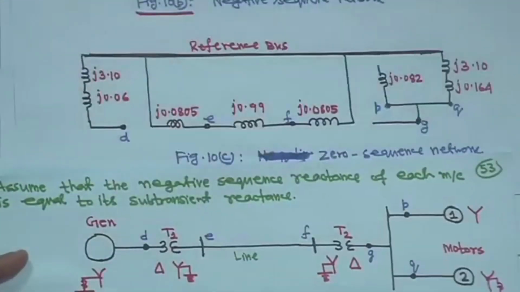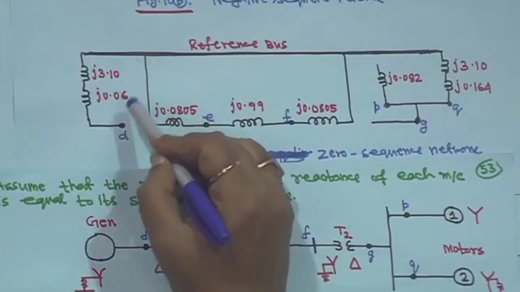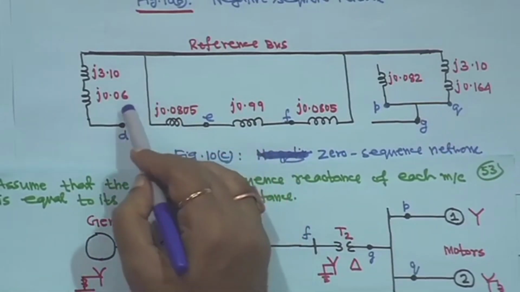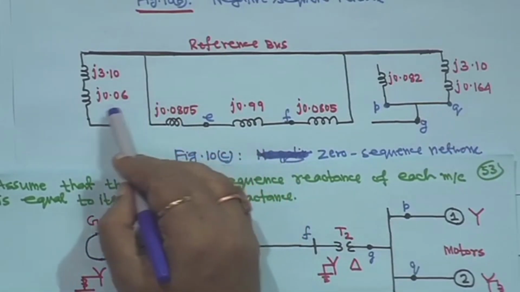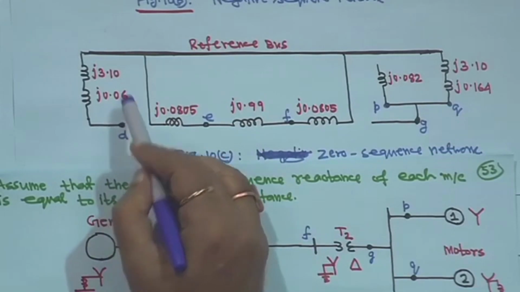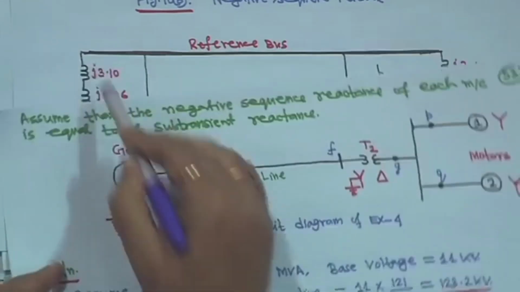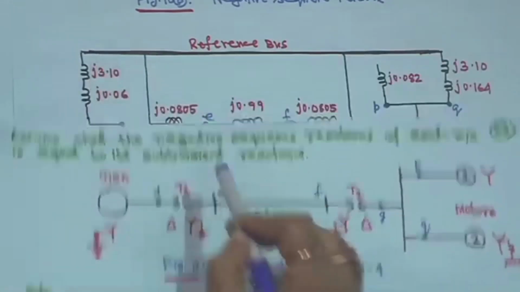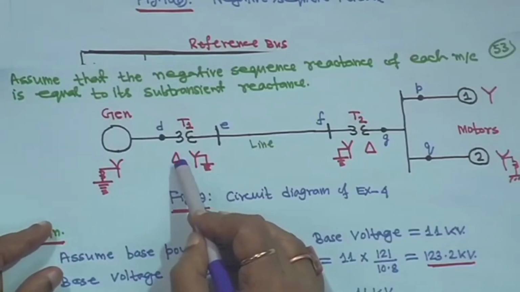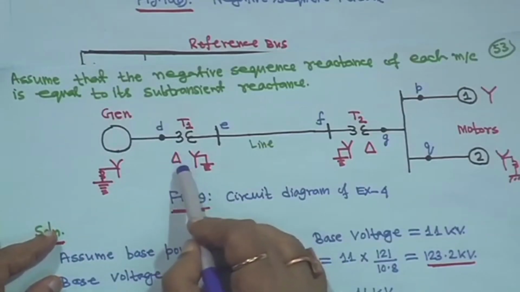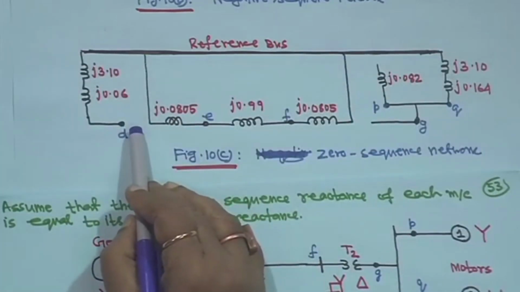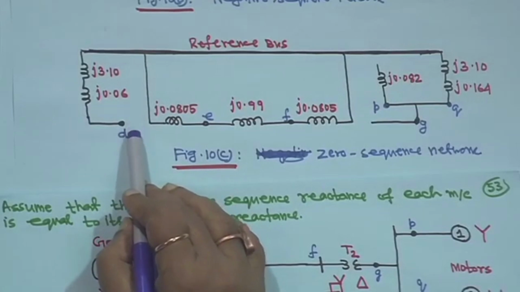And the zero sequence reactance for the generator is j0.06, as given. As it is grounded, it is connected to the reference bus, but this side is isolated because of the delta; the circulating current cannot leave the terminal. So, it has to be isolated, no connection. Hope you have understood this.